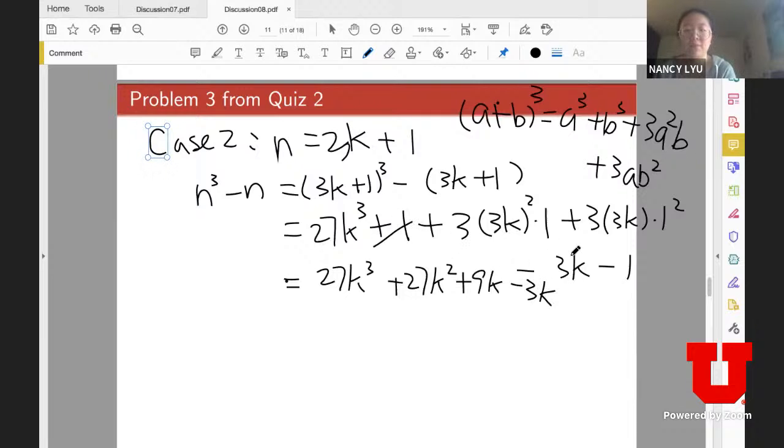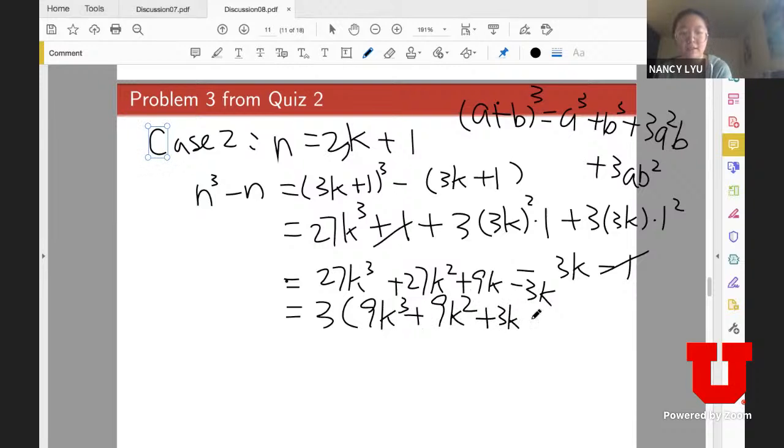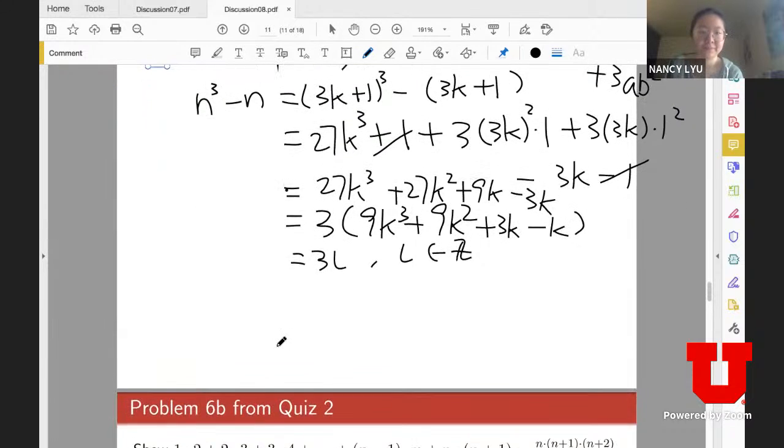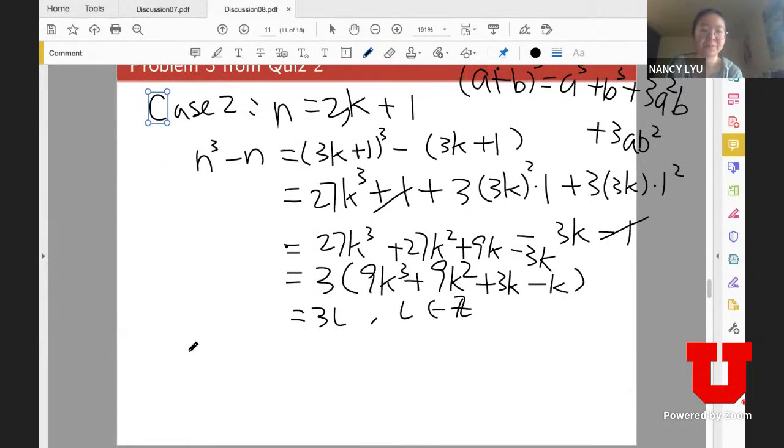And the 1 plus 1 minus 1 cancels out. Then we can factor out the 3, which gives 9k cubed plus 9k squared plus 3k minus k. And again, by closure, this is 3L.